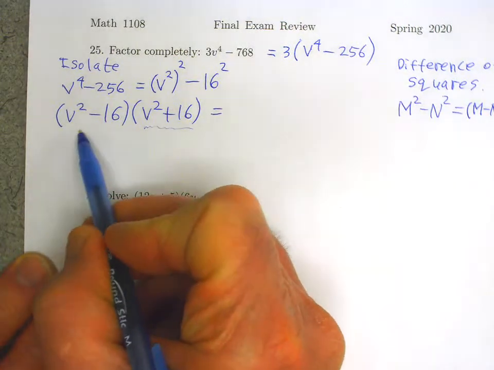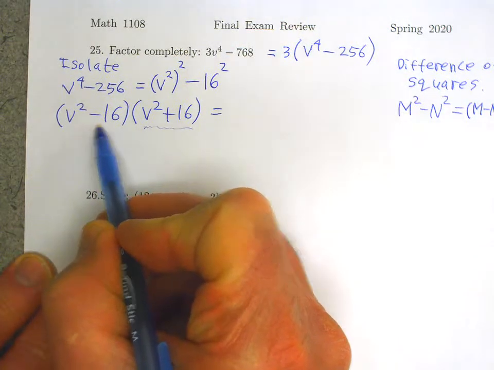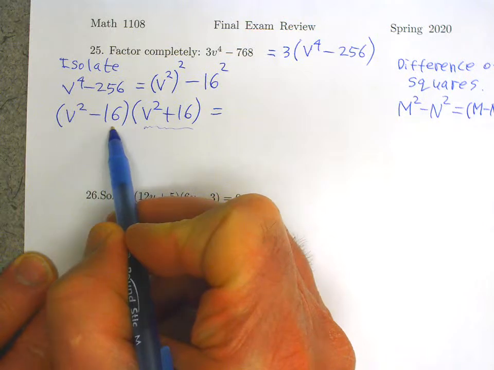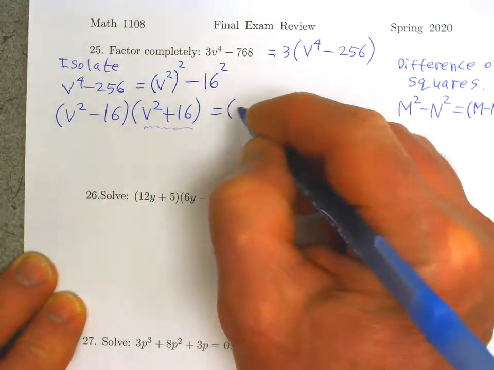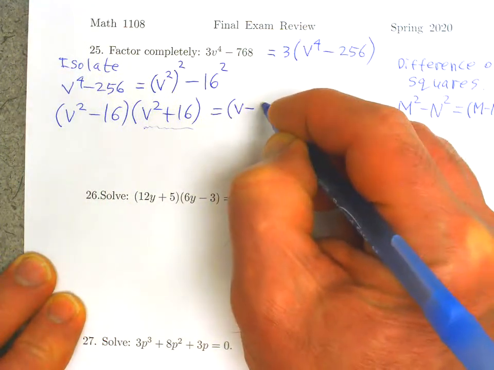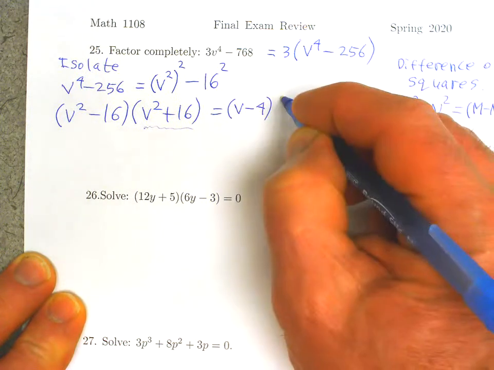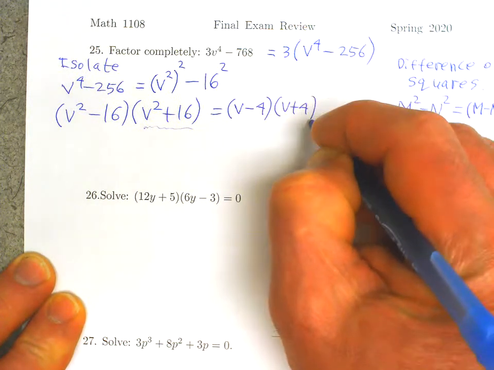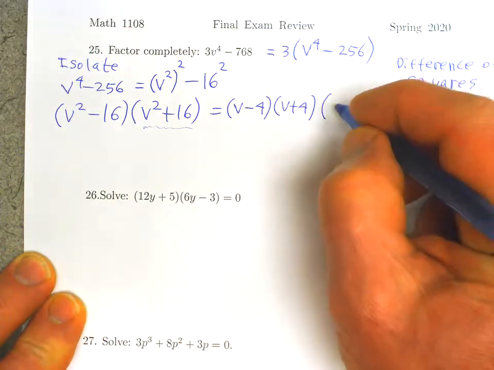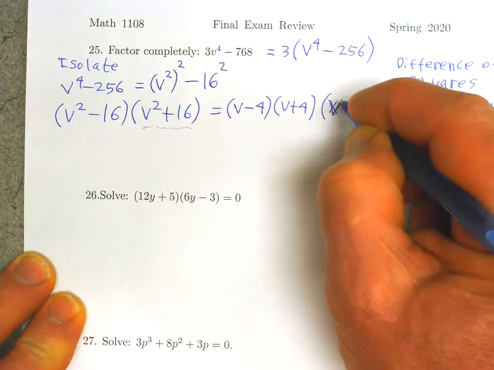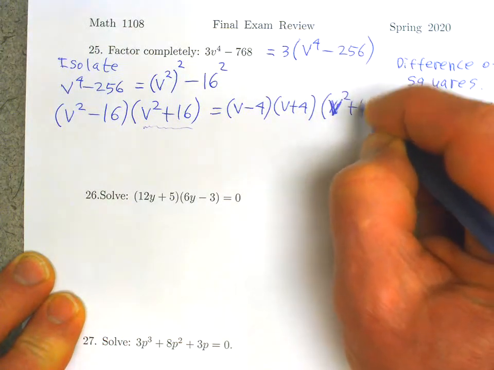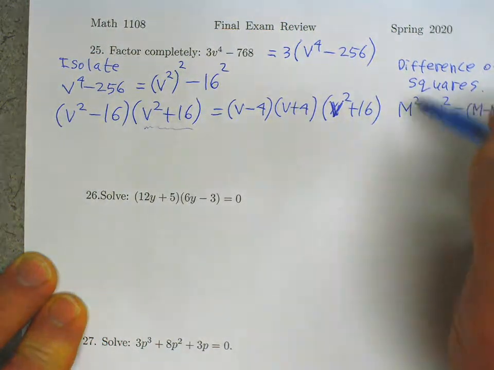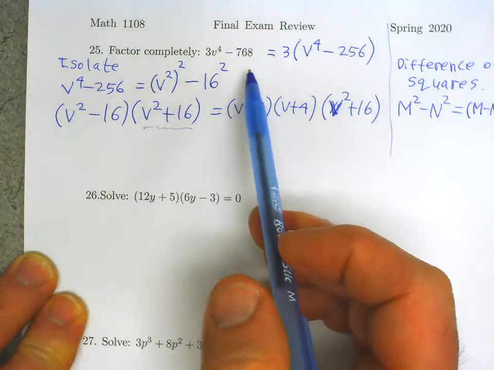Okay, but v to the second minus 16, that's v to the second minus 4 to the second. That's a difference of squares, so that can be factored as v minus 4 times v plus 4. And then we're multiplying that by the sum of squares, v to the second plus 16. Okay, but remember where we started.